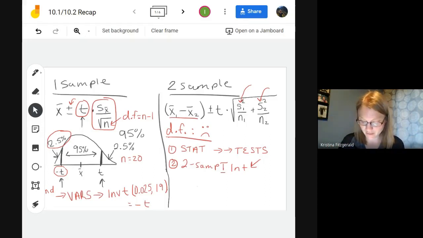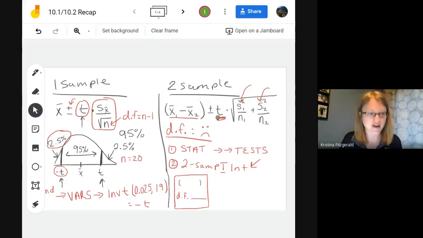Once you hit enter and input your data from the question, it'll give you your interval, and it also gives you the degrees of freedom. And it's usually a crazy decimal. It doesn't give you the T number. Don't ask me why.